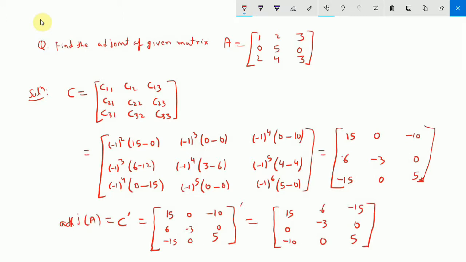Next we will see the properties of the adjoint matrix. So what are the various properties of the adjoint matrix?